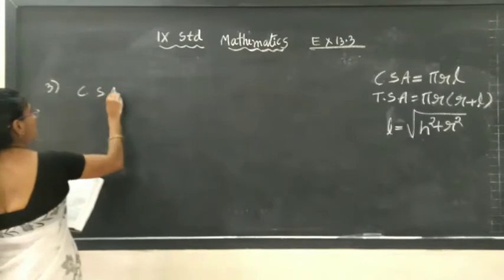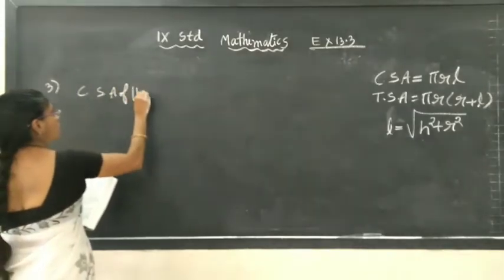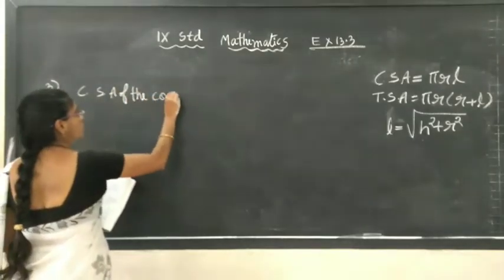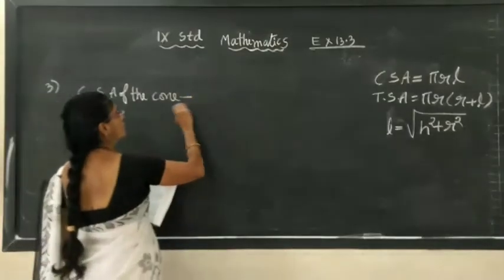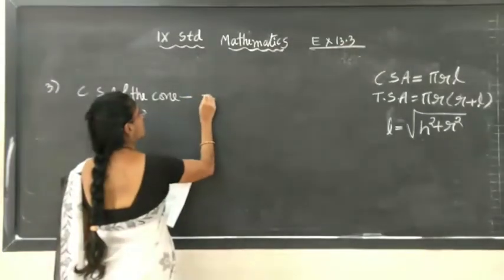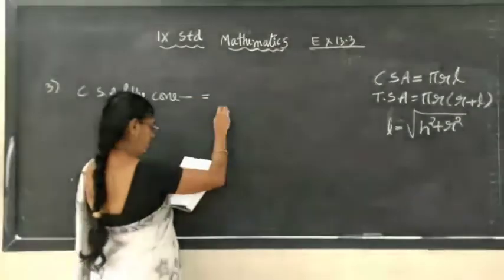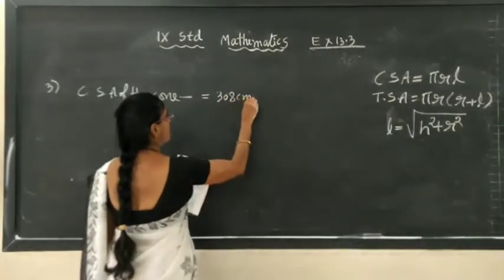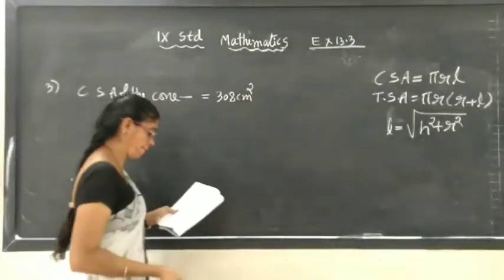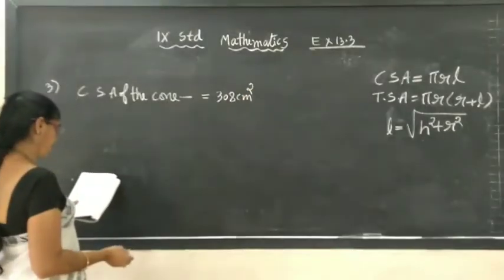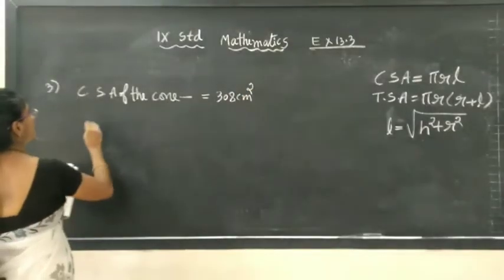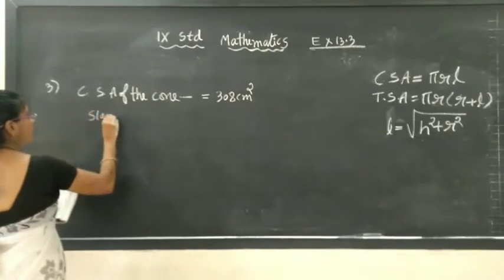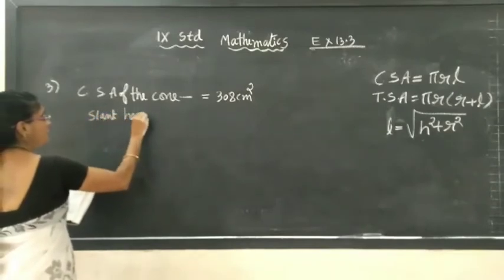Curved surface area of the cone is equal to, how much is given? 308 centimeter square. Then the slant height, what is the symbol?